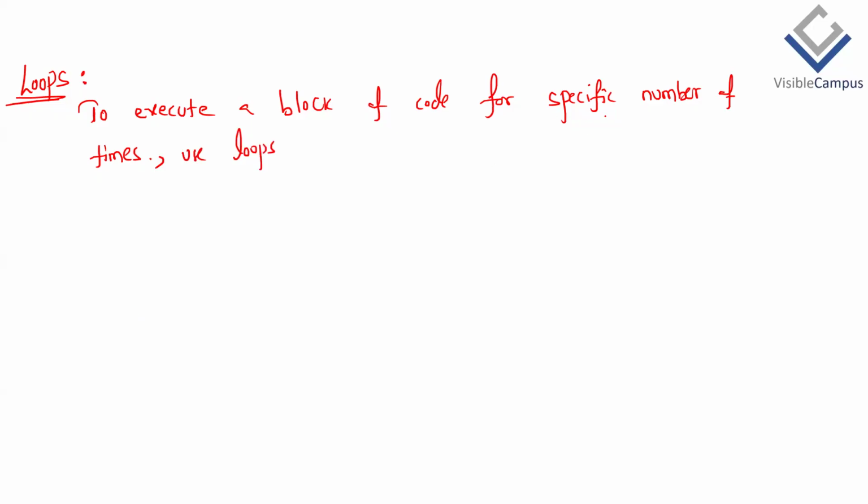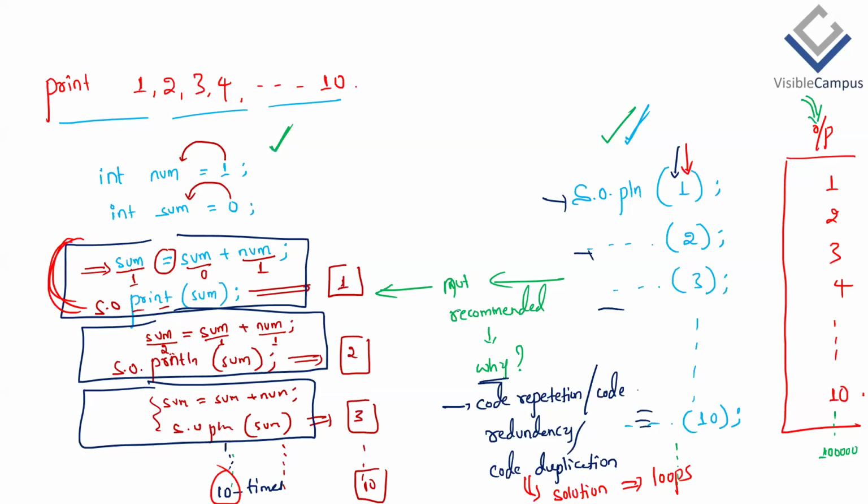Specific number of times means a limited number of times. Unlimited number of times, loops are not meant for that. That specific number of times can be based on some values or some results. So because of these problems, we have a solution called loops in Java.